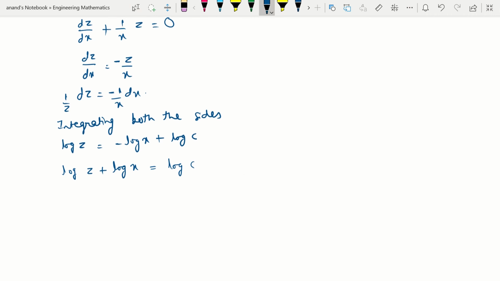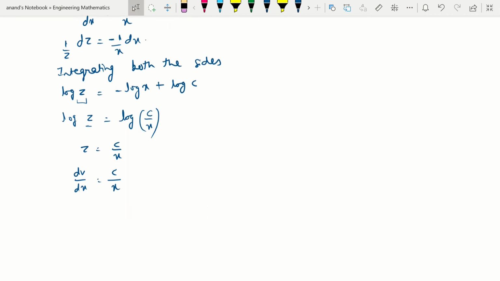Since this is the value of log z, actually we have to find the value of v, so we need to separate this z. Let us obtain it from the previous step itself: log z equals log of c by x, and hence we get z equals c by x, and z is equal to dv by dx, and this is c by x.